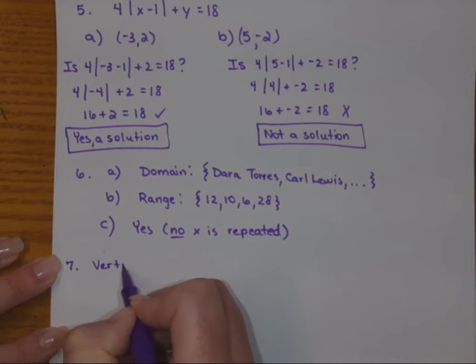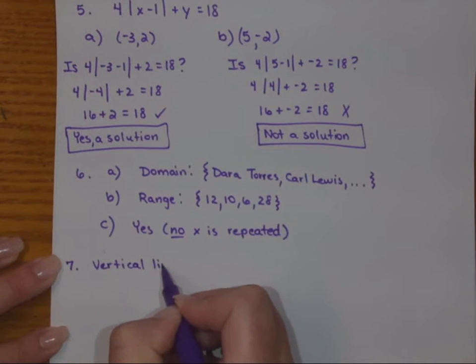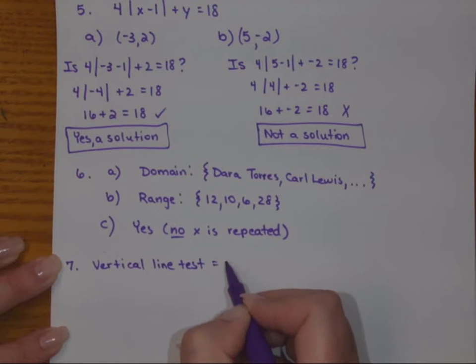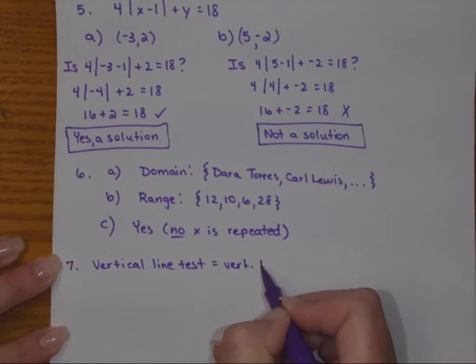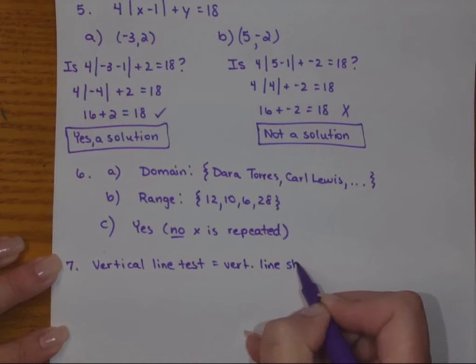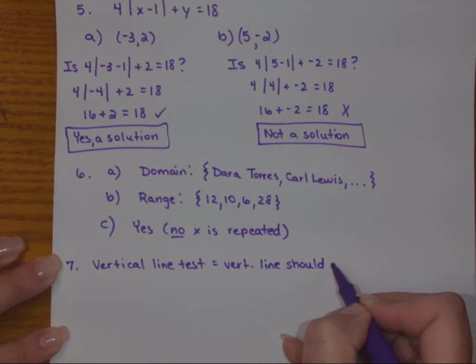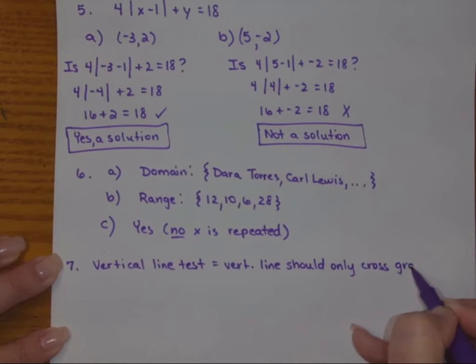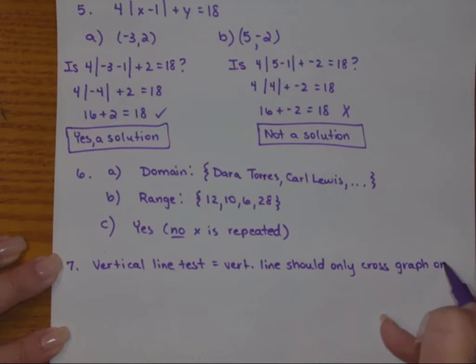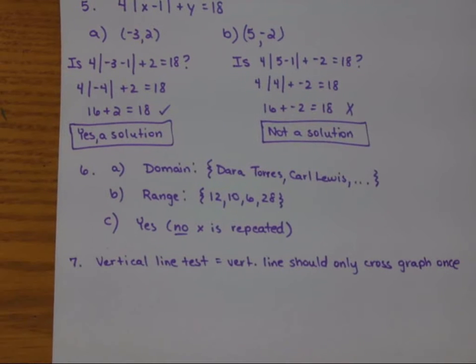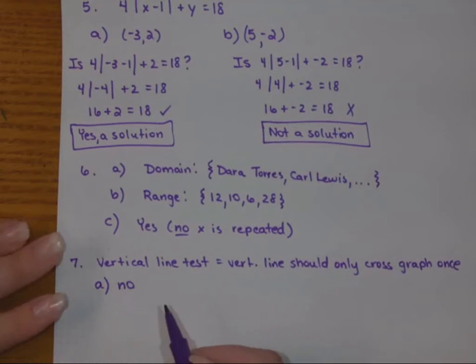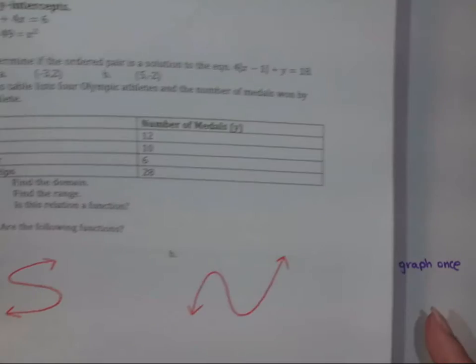All right, so for number 7, make sure you know the vertical line test. In other words, a vertical line should only cross the graph once if it's going to be a function. Notice that for A, the answer is no, right? If you look at this, I'm going to slide this over.